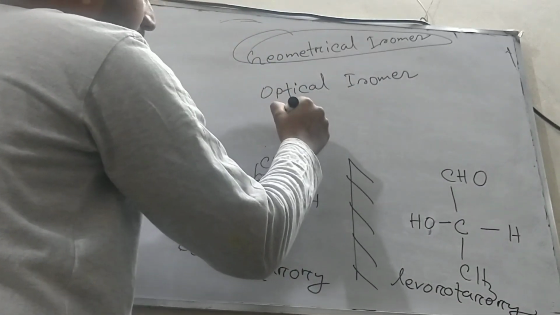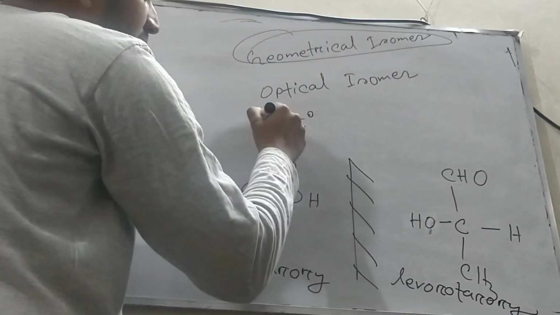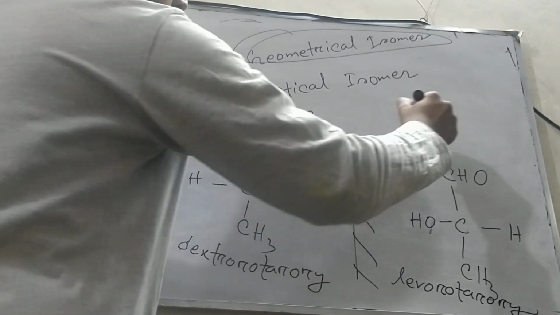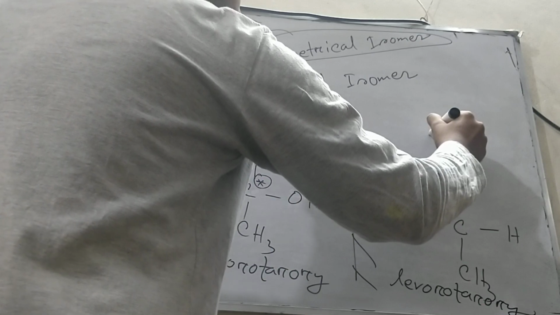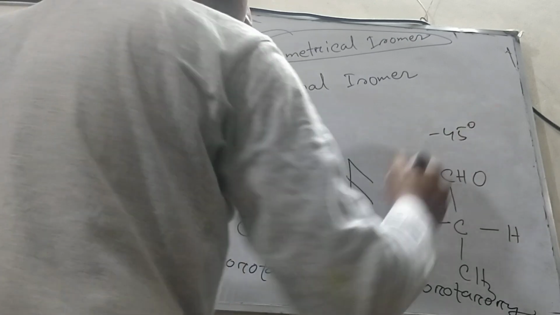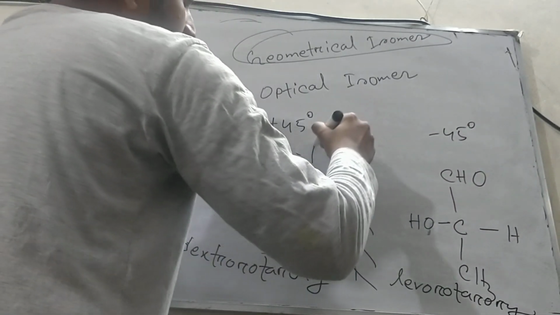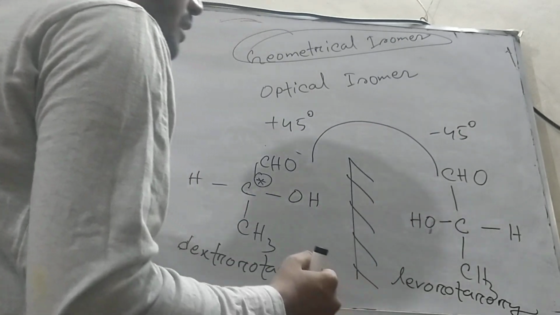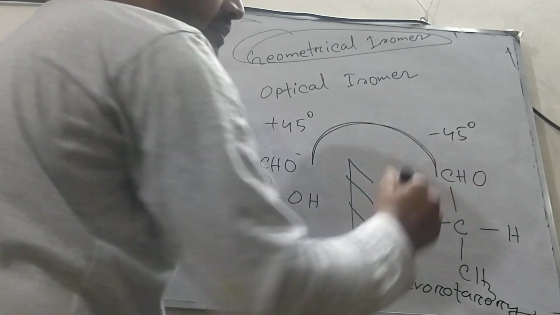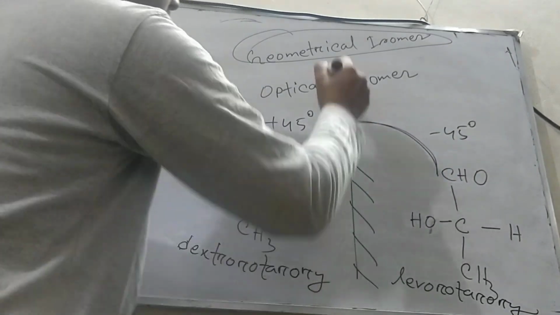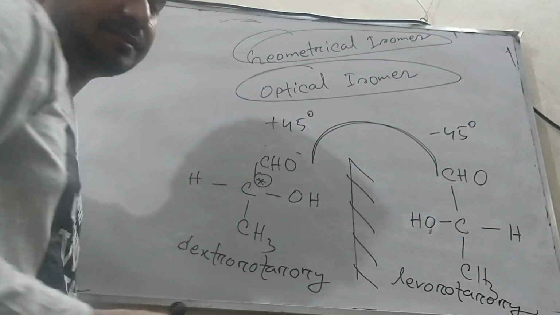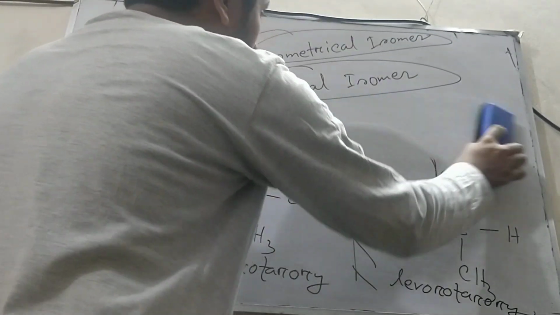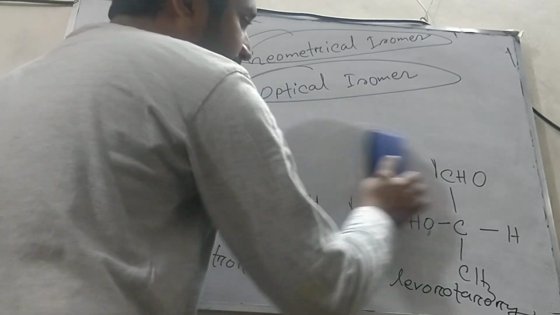If it rotates like plus 45 degrees, then the other will be like minus 45 degrees, and they're called mutually enantiomers, and their mixture is called a racemic mixture, and shortly it's called optical isomer. Okay, and this is for optical isomerism.